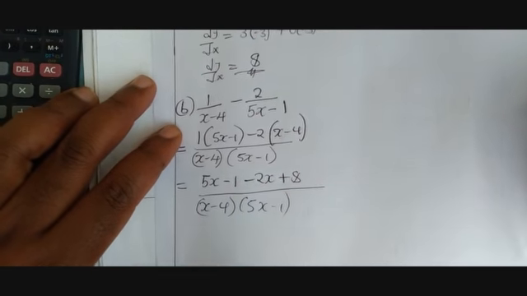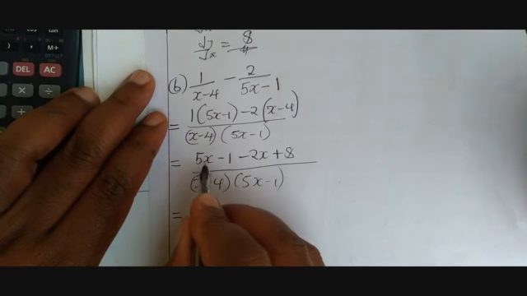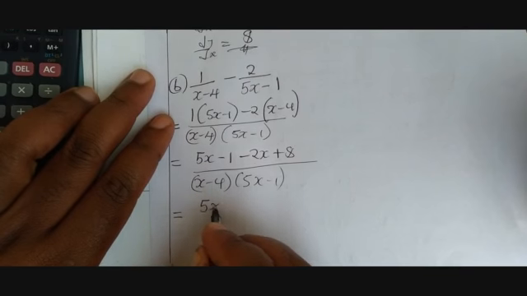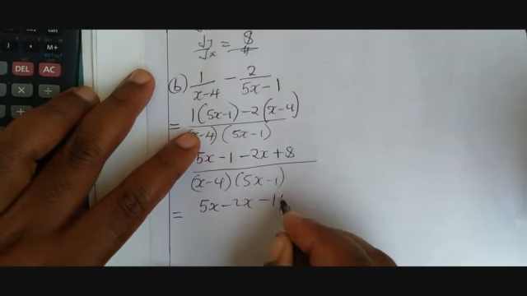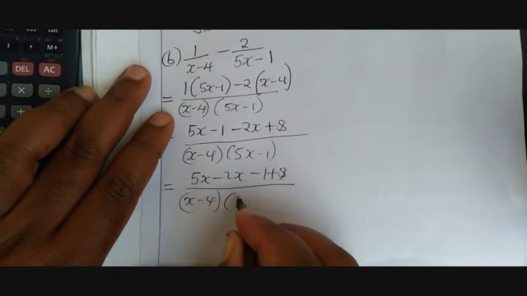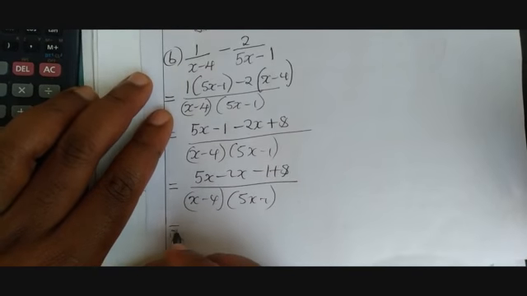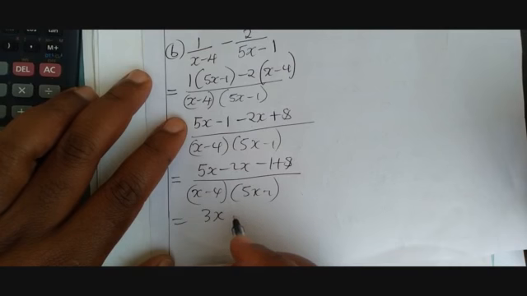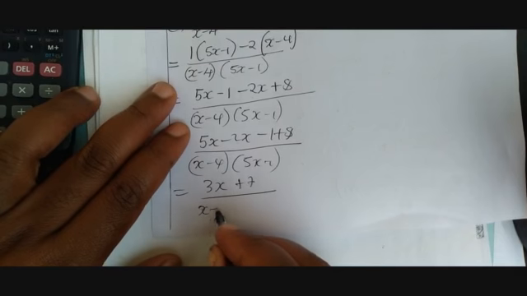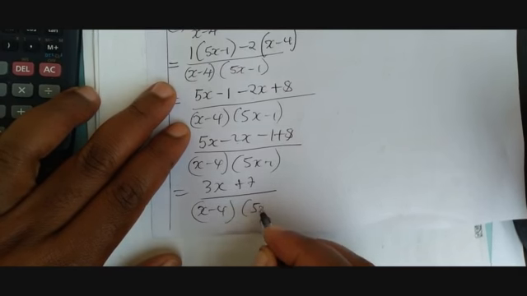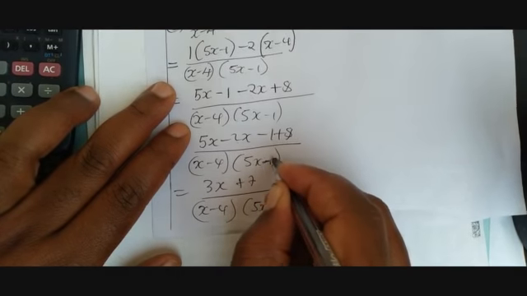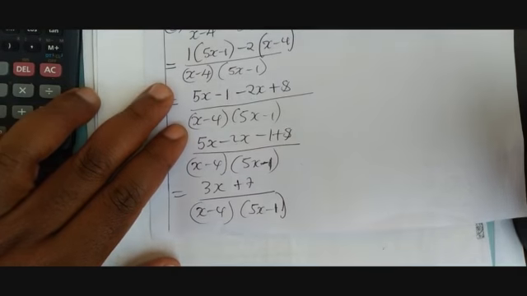Okay, so this is equal to 5x minus 2x, or you can group them first: 5x minus 2x, negative 1 plus 8, divided by (x minus 4)(5x minus 1). Okay, so 5x minus 2x is 3x. Negative 1 plus 8 is positive 7, over (x minus 4) and (5x minus 1). Okay. And that is the answer.